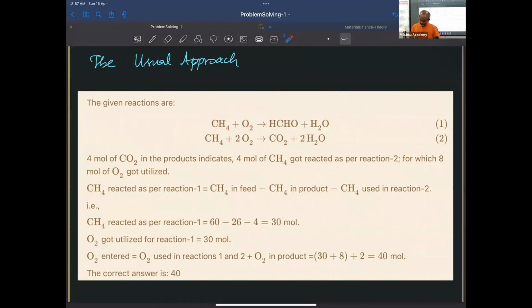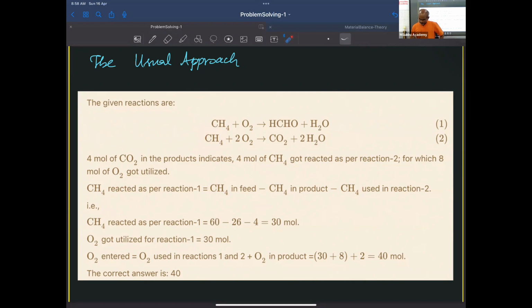That is CH4 in feed minus CH4 used for the second reaction minus CH4 in the product. What is reacted is equal to what is entering minus what is reacted in the second reaction and what is there in the product. So the CH4 reacting as per reaction 1 is whatever CH4 enters in the feed minus CH4 in the product, minus CH4 as per reaction 2.